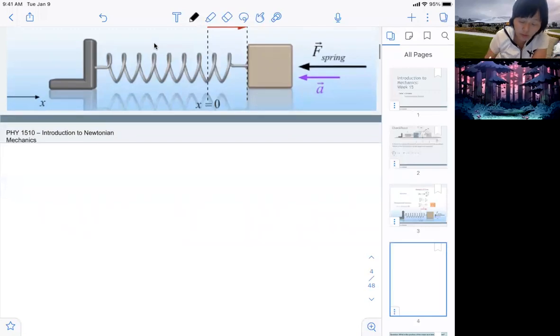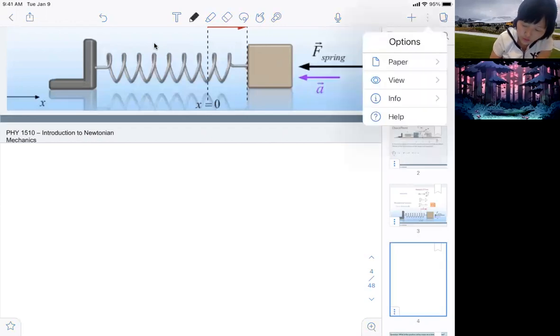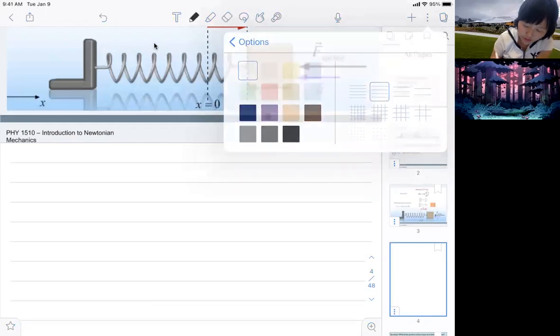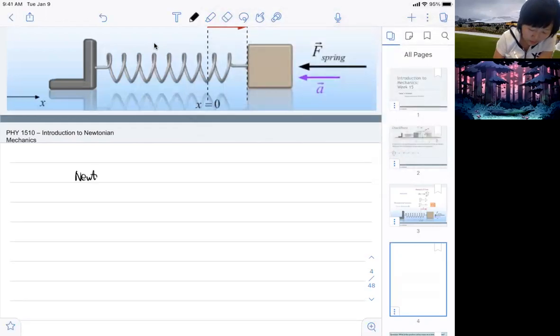We want to derive the position of the mass M as a function of time. So we're going to use Newton's second law to describe the motion of the mass, F equals ma.